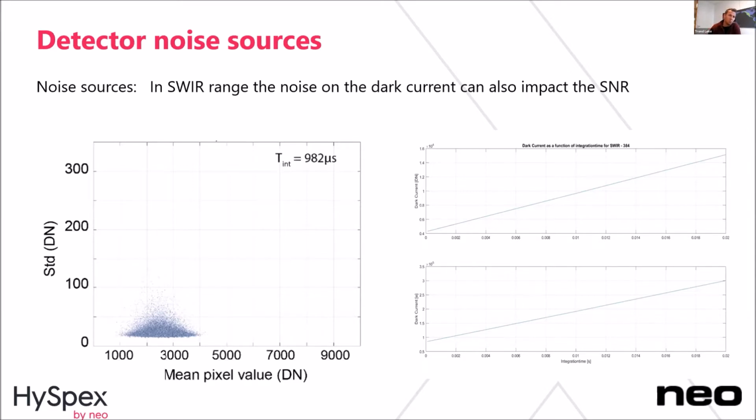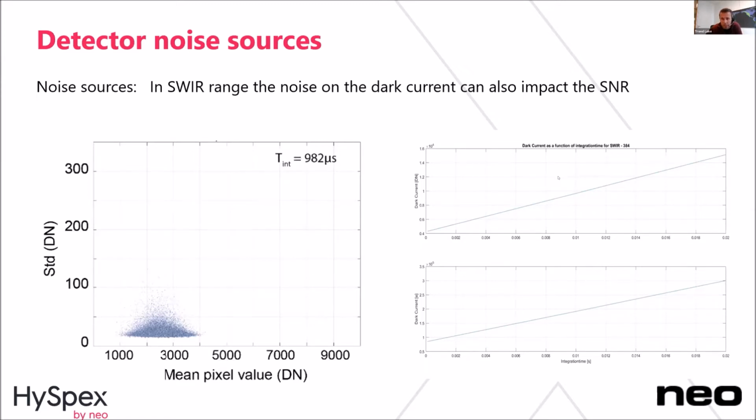Our detectors are cooled to, or stabilized at, 150 Kelvin to reduce the dark current and the fixed pattern noise. But then you can see here you have a dark current that is larger than on the previous silicium detector, and this also correlates strongly with the exposure time. So if you increase the exposure time from 1 millisecond to 10 times as much, you will get 10 times as much dark current.